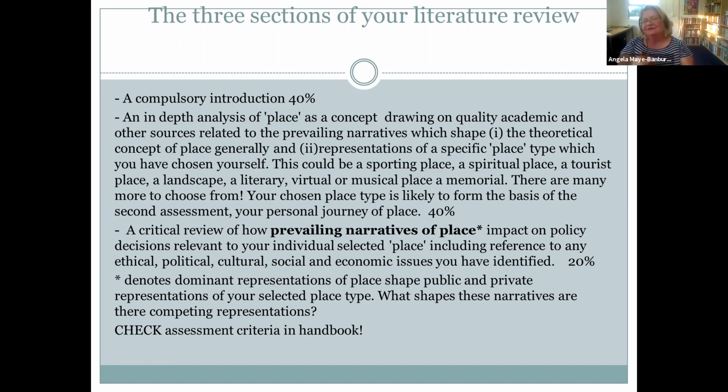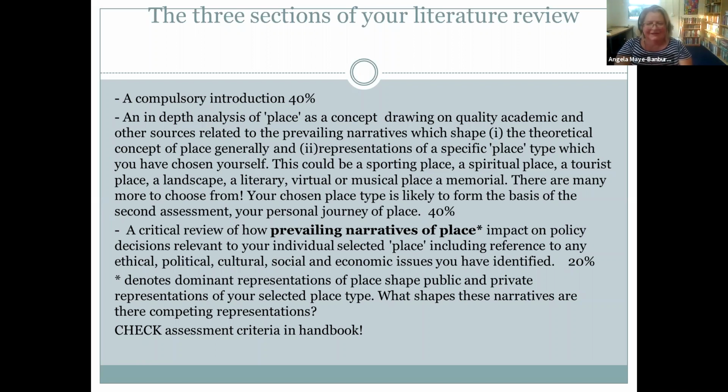So just to give you a sense of the requirements of this first assessment, I hope that's been helpful. To summarize, the two main components of this first assessment are a comprehensive review of theories of place as concept, drawing on a wide range of literature, and the second component is you thinking of a particular place type and then writing about that as well in the literature review.